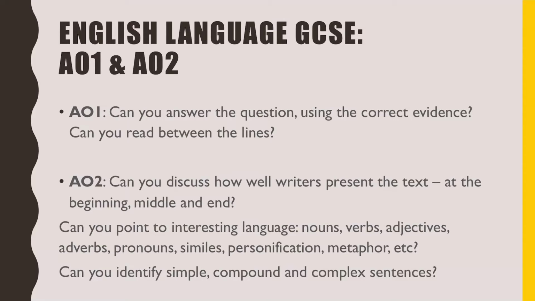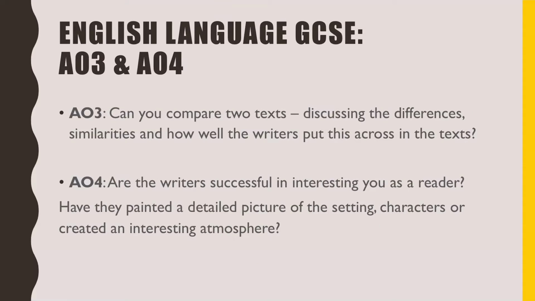AO2 means, can you discuss how well writers present the text at the start, middle and ending? Can you, for example, point to interesting language such as nouns, verbs, adjectives, adverbs, pronouns, similes, personifications, metaphors and so on? But also, can you identify simple, compound and complex sentences?